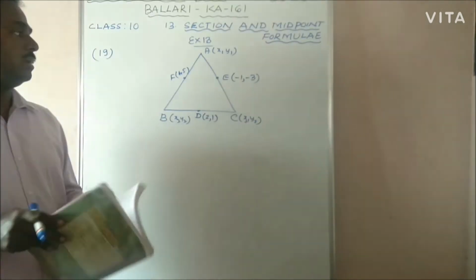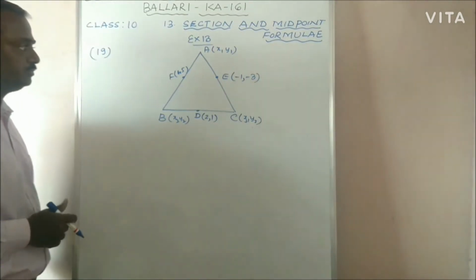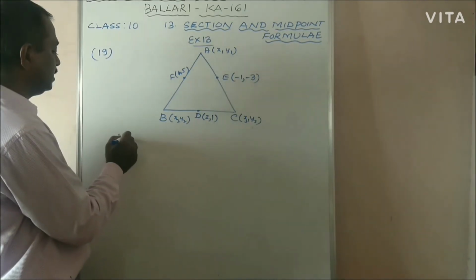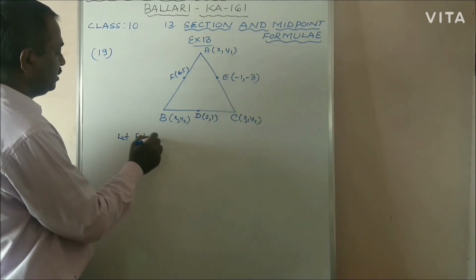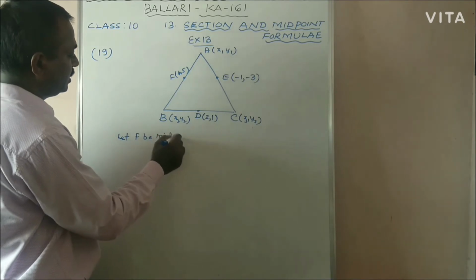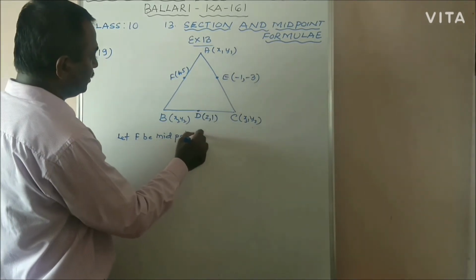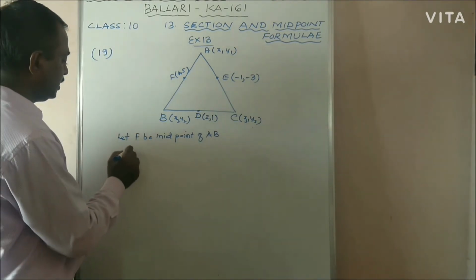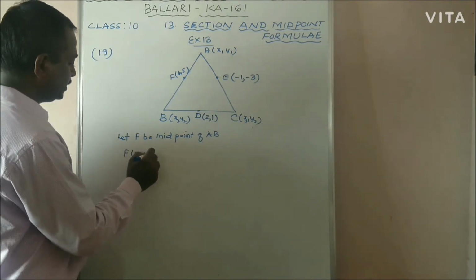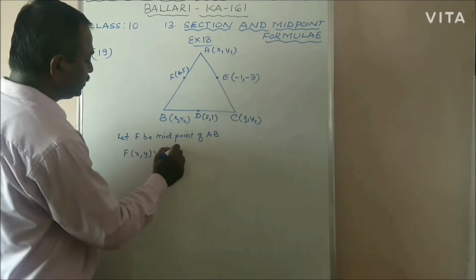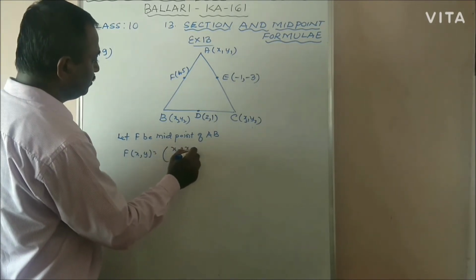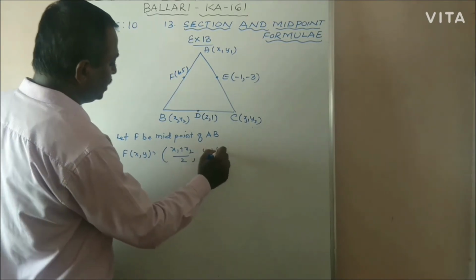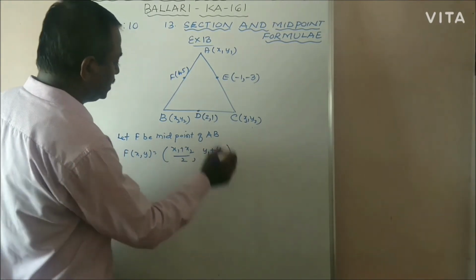Now we will take the midpoint formula one by one. Let F be the midpoint of AB. Therefore, F of x, y is equal to x1 plus x2 by 2, y1 plus y2 by 2.